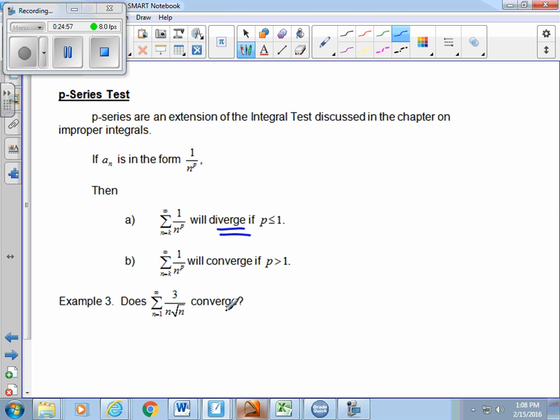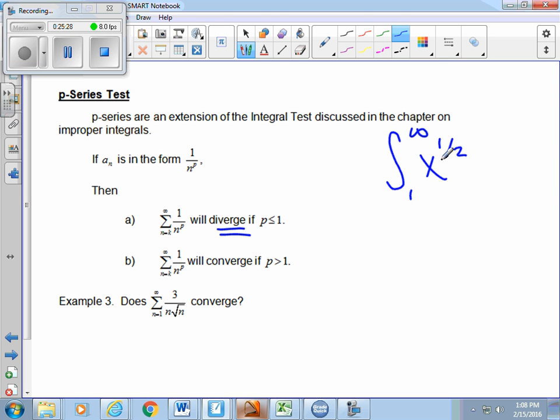Now, I want to remind you from integrals why that works. Integrals are slightly different, but they have some similarities. If you have x to the 1/2 power, and you do an antiderivative of that, and you're going from 1 to infinity, you get to the 3/2 power.